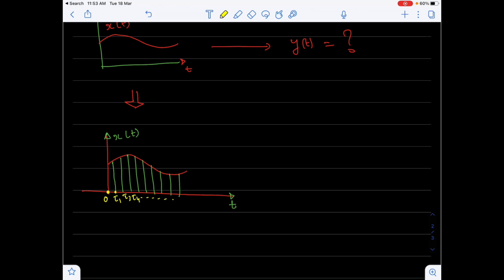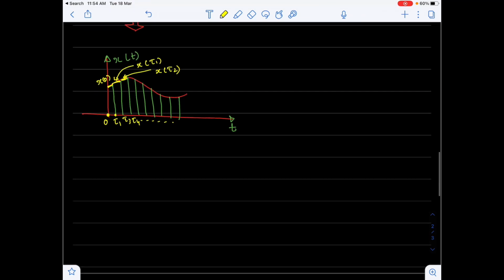So what is the amplitude at this point? You can approximate this amplitude as x of 0, and between these 2 points, if delta tau is very small, it will be a very close point. You can say this point is x of tau 1, then here it is x of tau 2 and so on.